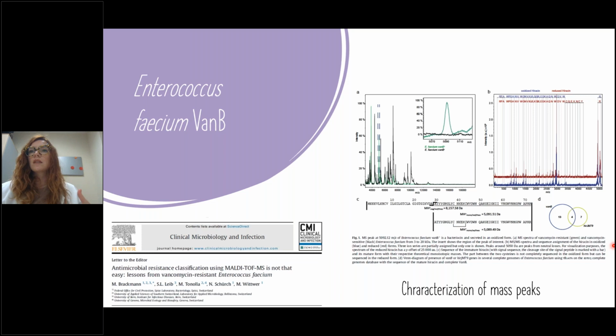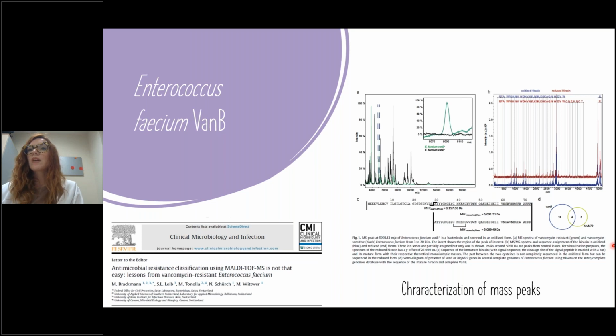So he also analyzed computationally different genomes that were in GenBank, to check how this VanB gene and the hemolysin protein were distributed. He realized that there were not many VanB Enterococcus faecium which really had this hemolysin, and also the hemolysin was present in other Enterococcus faecium which didn't carry this VanB gene.